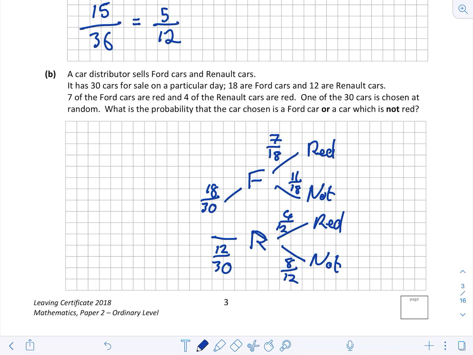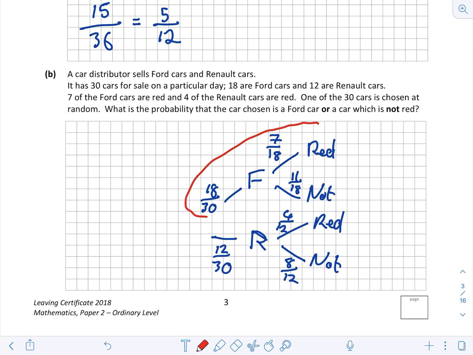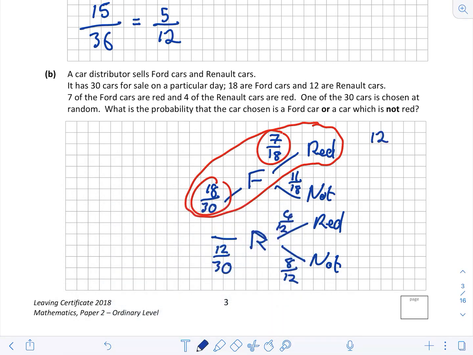Right, so to get the probability of choosing this route here, I simply multiply this thing by this thing. So let's do that now. 18 multiplied by 7 is equal to 126, so that gives me 126 over 30 multiplied by 18, which is 540.